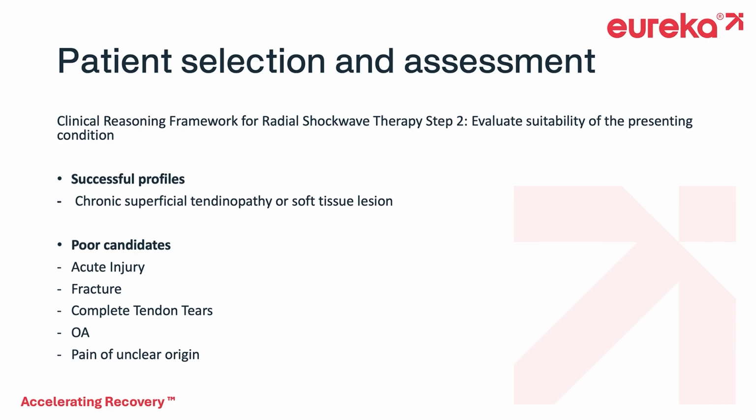Step 2. Evaluate the suitability of the presenting condition. Ask, does the patient's presenting condition fit the typical successful profile? Good candidates: chronic superficial tendinopathy or soft tissue lesions, for example, plantar fasciopathy, tennis elbow, Achilles and patella tendinopathy. Also greater trochanteric pain syndrome, all of which has been unresponsive to other treatments. Poor candidates: acute injuries, fractures, complete tendon tears, generalized arthritis pain without local tendinopathy, and pain of unclear origin.